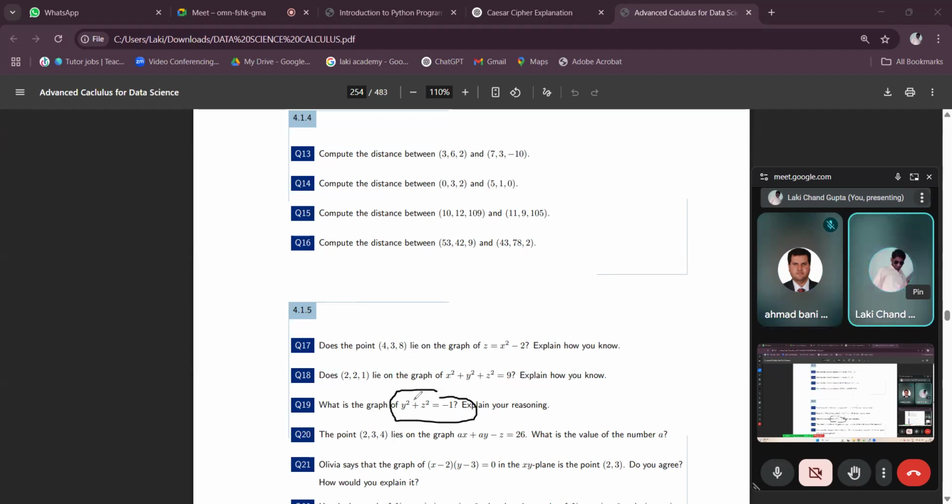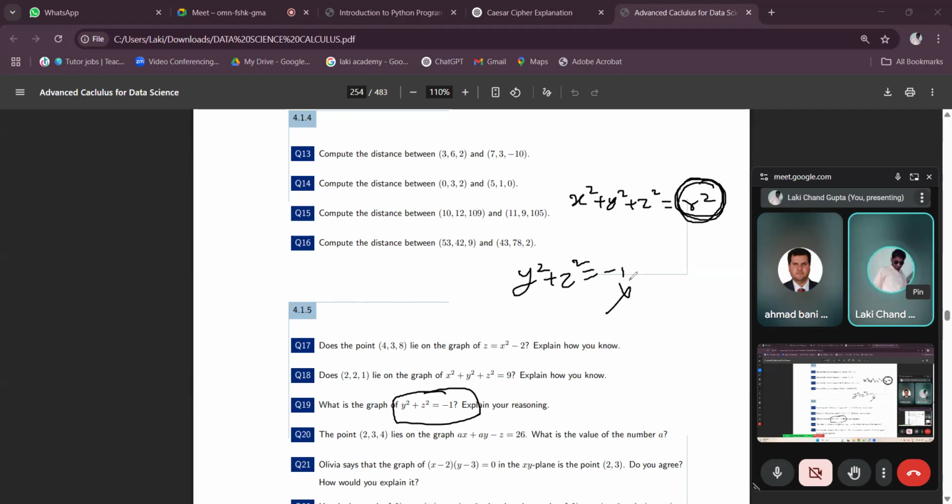See this. What is the graph? The graph can never exist. Why? Because whenever x square, y square, z square is there, the right hand side must be positive, because this is also a square. And here you can see y square plus z square is negative.